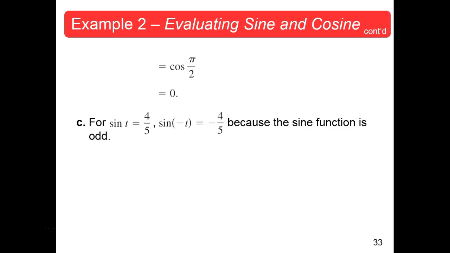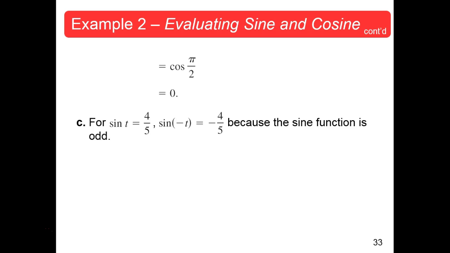Whatever it's doing on this side, it does the opposite on this side. So therefore, a negative t will be exactly the opposite of this. So it will be negative 4/5. I hate it when they give you the problem and say, okay, this is your example. Well, you did all the work for us. You didn't have us do any. That's not very fair, is it? Okay. So there was example 2.